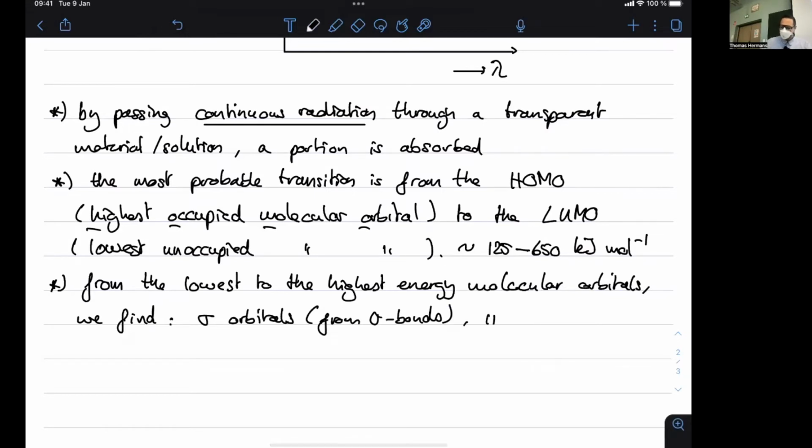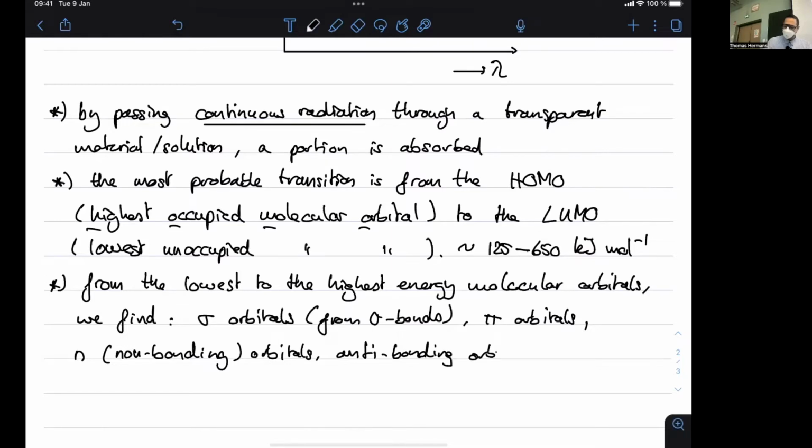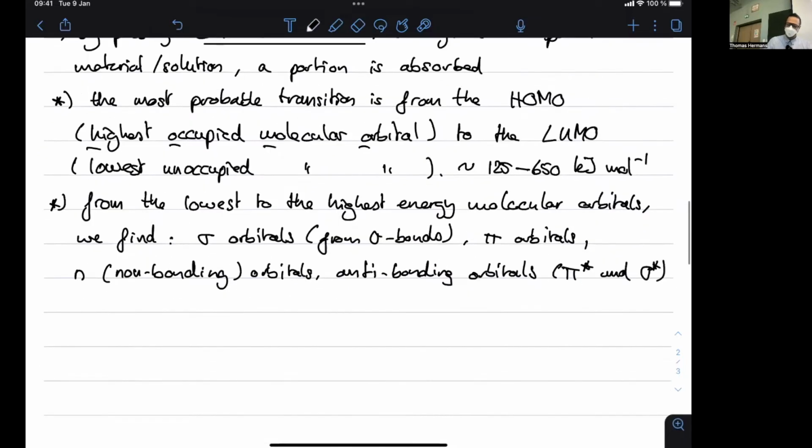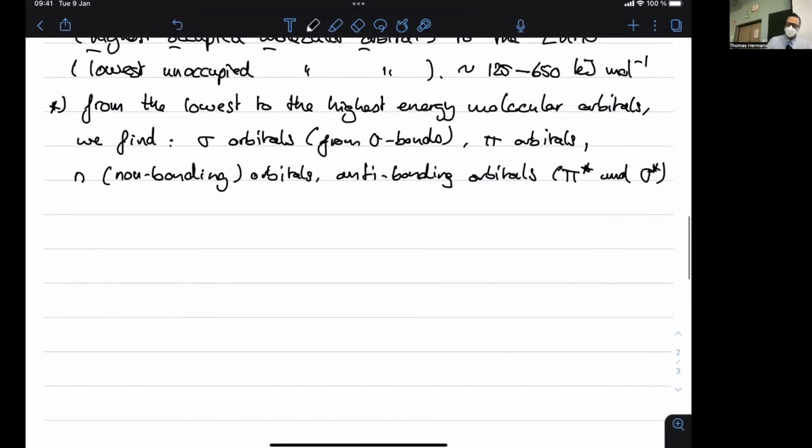Then we have pi orbitals, N, so non-bonding orbitals. And then we have anti-bonding orbitals. So that could be pi star and sigma star. I guess you are here somewhere.